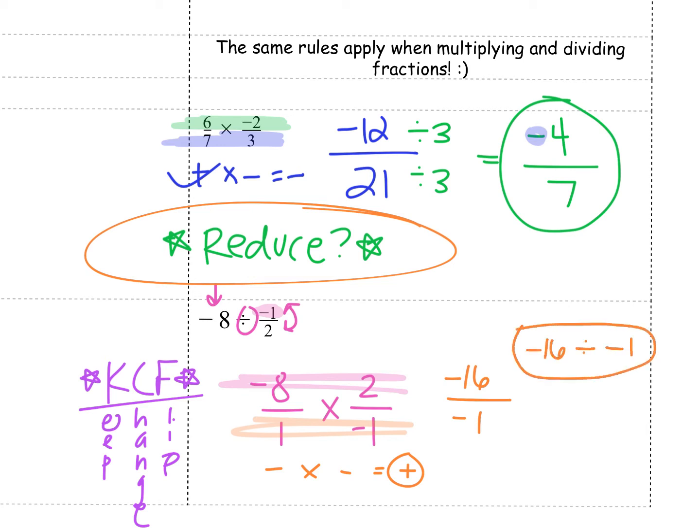I know it's going to be a positive. 16 divided by 1 is 16. To simplify, you don't want to put it over 1. It's not needed. Because the numerator and denominator were both negative, 2 negatives make a positive. And notice my answer was a positive.